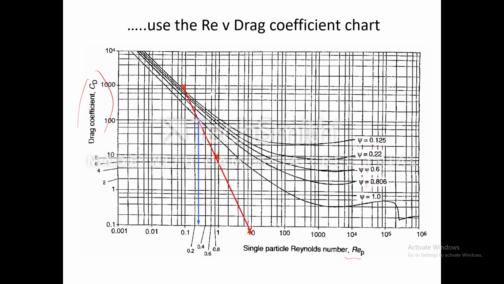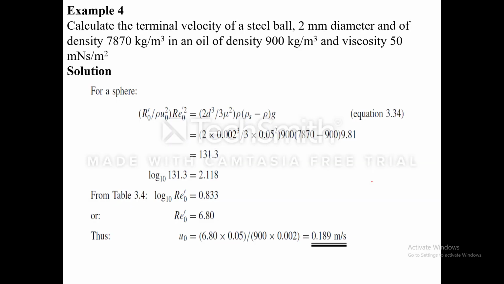the drag coefficient CD. Example 4: calculate the terminal velocity of a steel ball 2 mm in diameter and of density 7870 kg per cubic meter settling in an oil of density 900 kg per cubic meter. So we have here a steel ball and my fluid is oil with density 900 kg per cubic meter. Viscosity is 15 millinewton second per square meter.